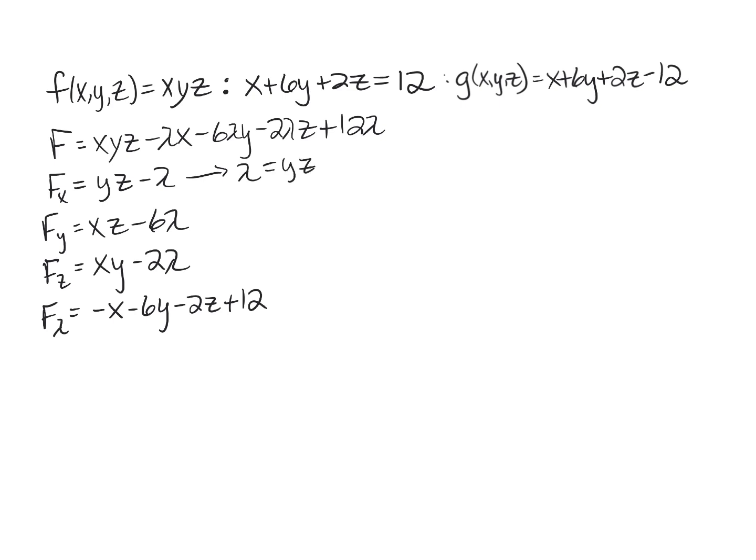lambda equals yz, lambda equals xz over 6. Lambda equals xy over 2. And what I can do now is I can take all of these things and set them equal to each other. And we get relationships.